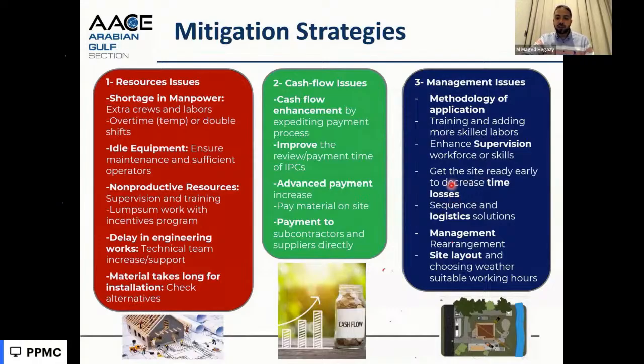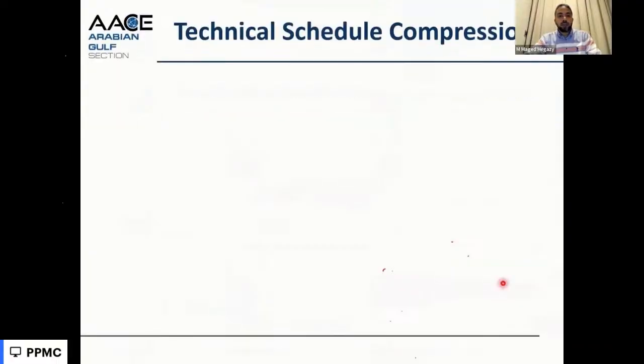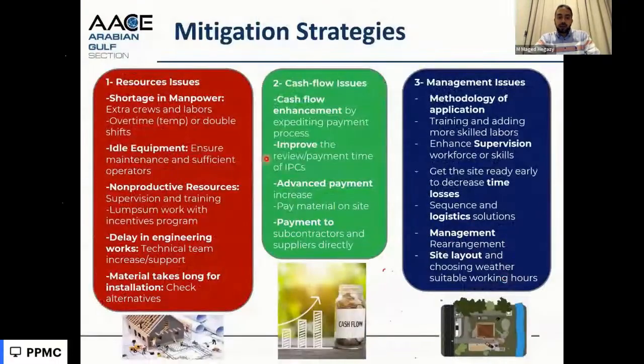How to decrease these time losses: solve the logistics issues at site, or rearrange the responsibilities of the managers for more engagement in productivity improvement, or site layouts and so on. So these can be the key reasons and solutions.